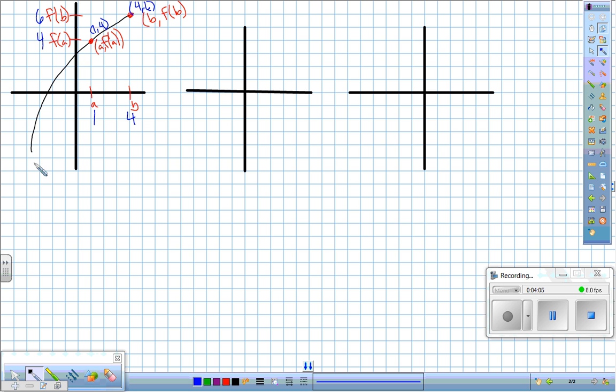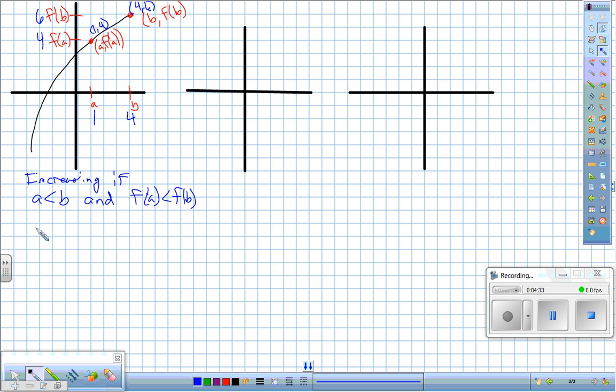So what they're going to do, they have this definition. So it's increasing if a is less than b and f of a is less than f of b. That is what it means for increasing.